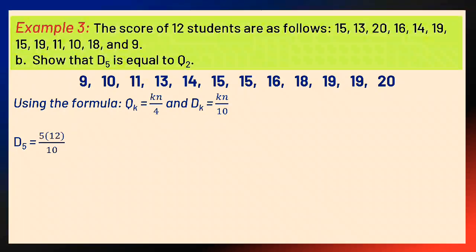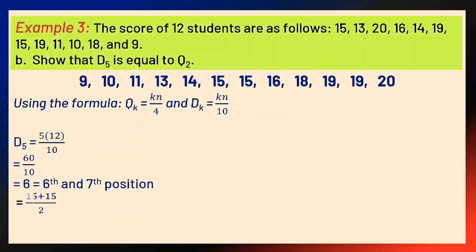So we have 5 times 12 divided by 10. So 5 times 12 is equal to 60 divided by 10, that is equal to 6. Since it is a whole number, we are going to get the average of the 6th and the 7th position. So that is 15 plus 15 divided by 2, the value of the fifth decile is equal to 15.